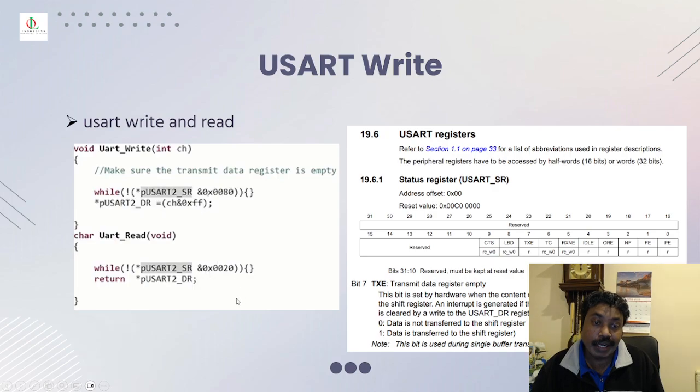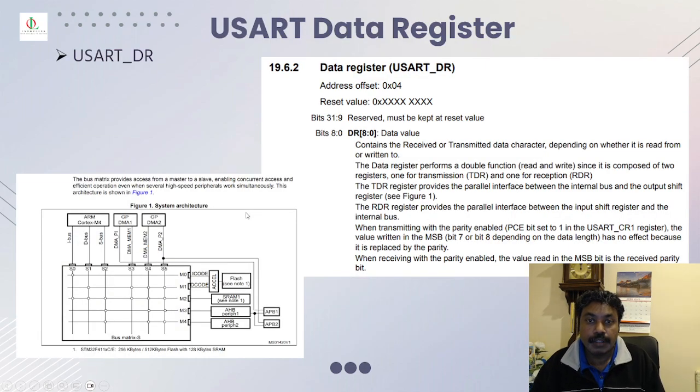And to read, you have to set the transmit enable and USART enable as well. So that's why these addresses are there, I'll explain to you in the program. And this is the data register. This is where you get to see the data, and it retrieves the data and shows you in the output as an example.